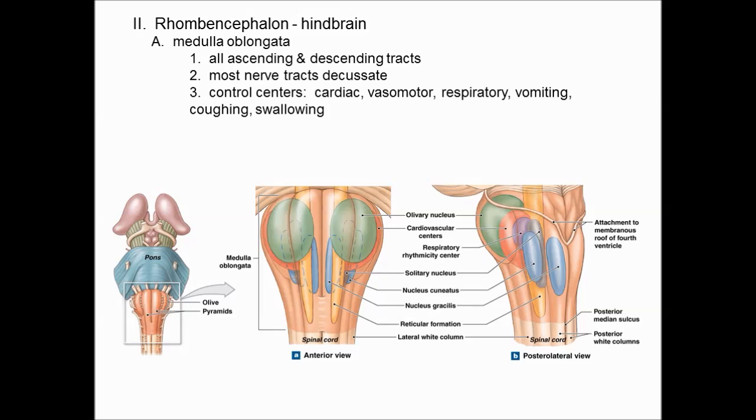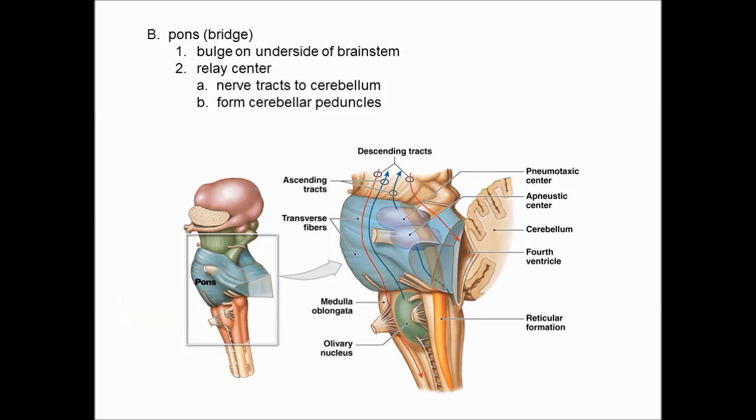There are several different control centers in the medulla, and we'll hear more about these second semester. There's a cardiac center that controls heart activity, and a cardiovascular center controls vasomotion. A respiratory center, and centers for vomiting, coughing, and swallowing. These are all nuclei within the medulla.